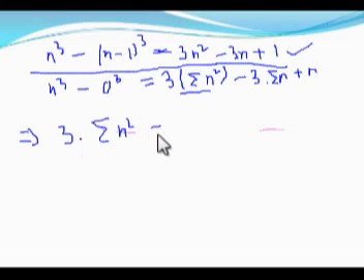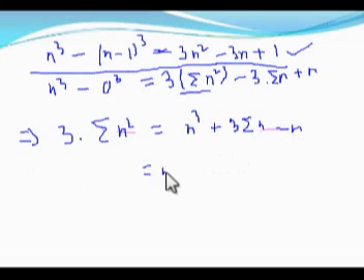On the right hand side it will be n cube plus 3 times the summation of the first n natural numbers minus n.